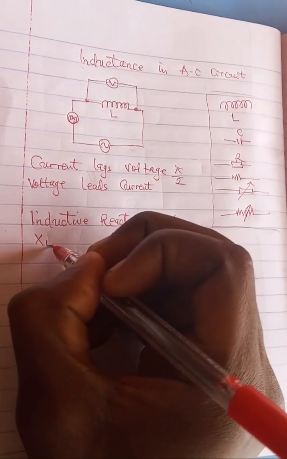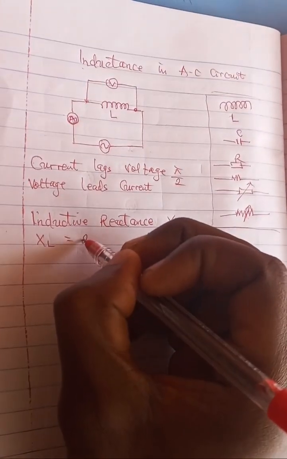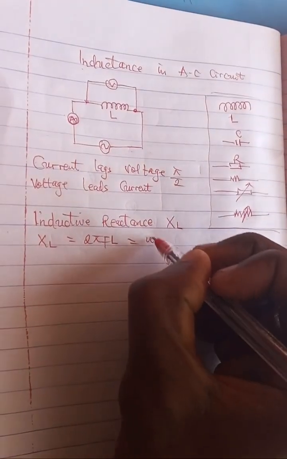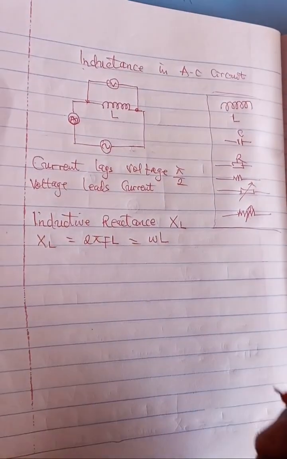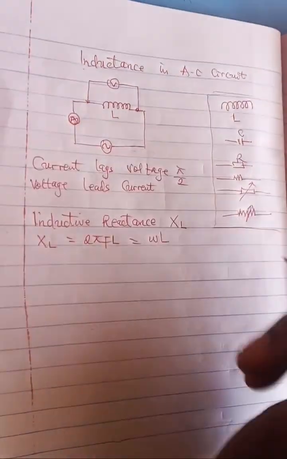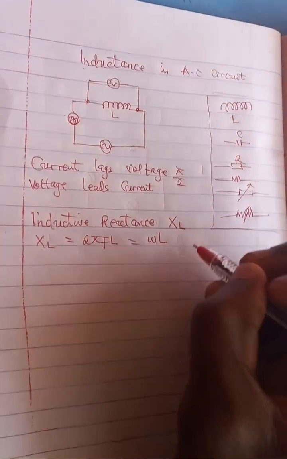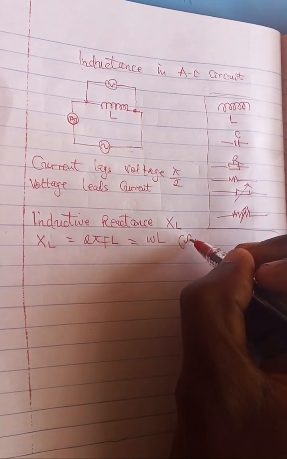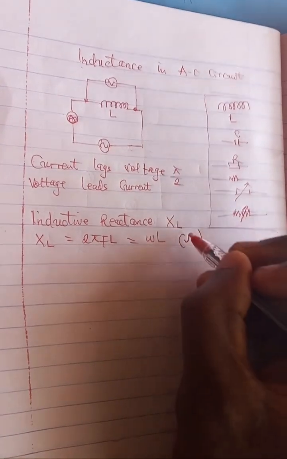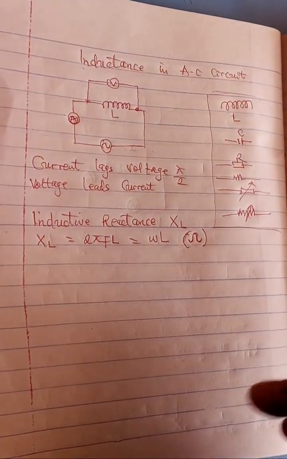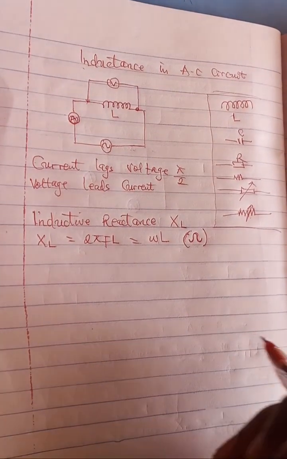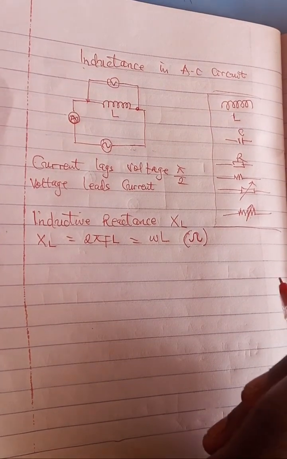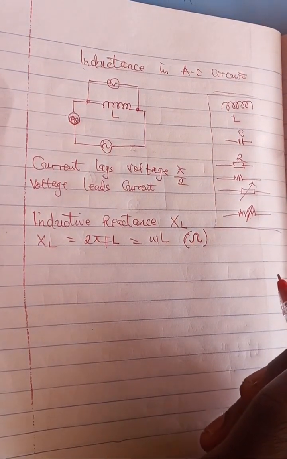Our inductive reactance XL is equal to 2 pi FL or omega L, where L stands for the inductance of the inductor. So remember, these are just opposition, they are resistance. So it is measured in ohms. They are measured in ohms. So that is that for resistance, capacitance, and inductor in an AC circuit.